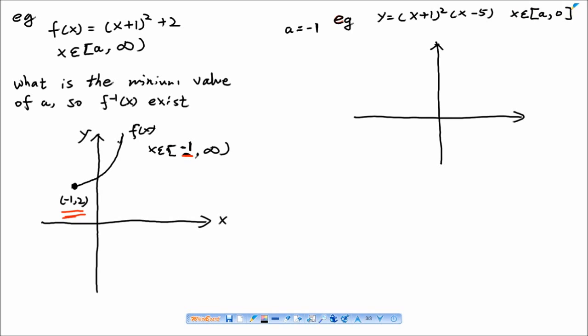They ask you what is the minimum number of a so that an inverse function exists. So let's draw the graph first.